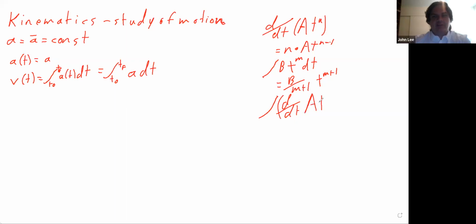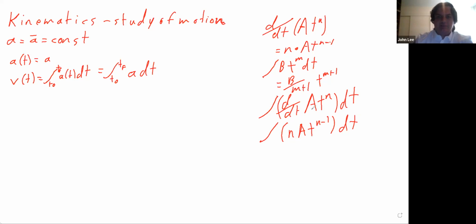if we just try this out, this is going to be the integral of n a t to the n minus 1 dt.